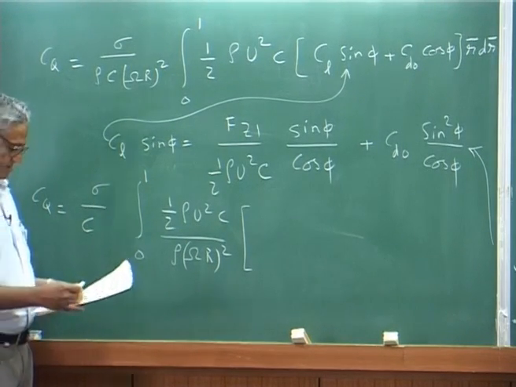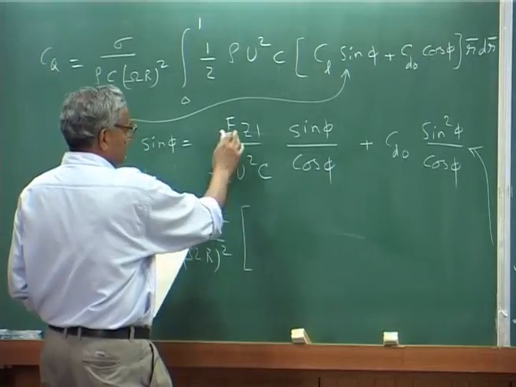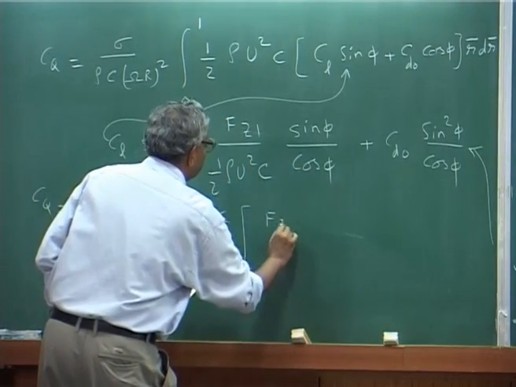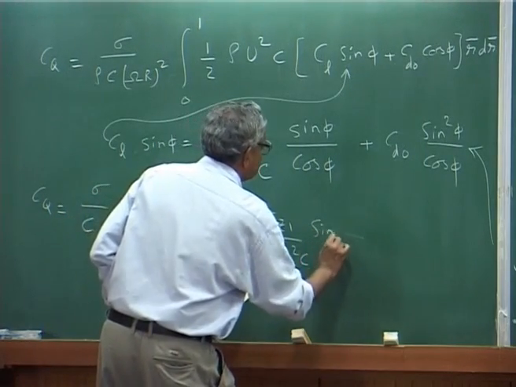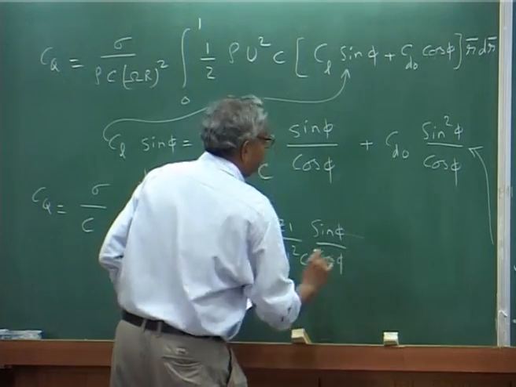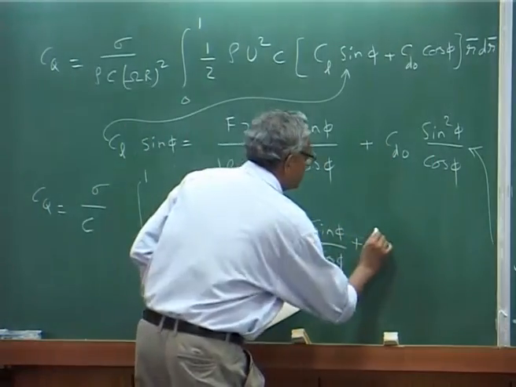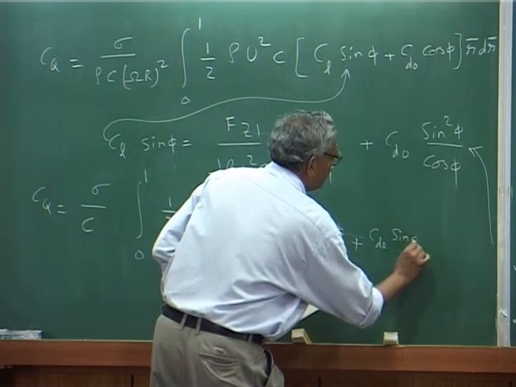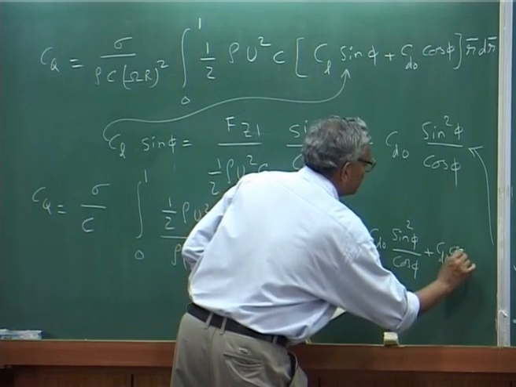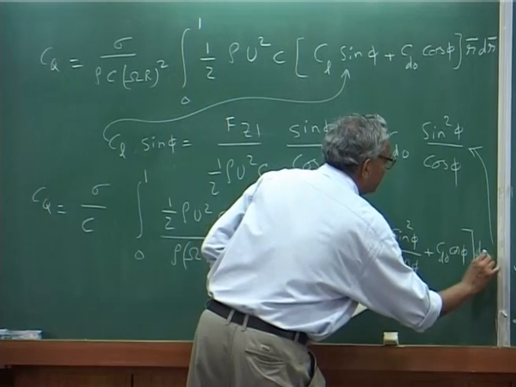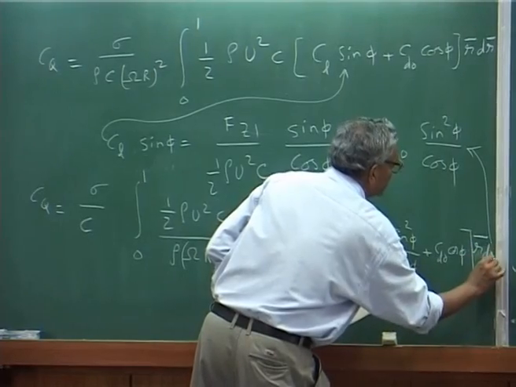Yes, rho omega r square, half rho, and I am going to substitute for C_L sin phi this entire expression, F_z1 over half rho u square c, sin phi over cos phi plus this is C_D0 sin square phi by cosine phi plus C_D0 cosine phi into r bar dr bar, okay, r bar dr bar.